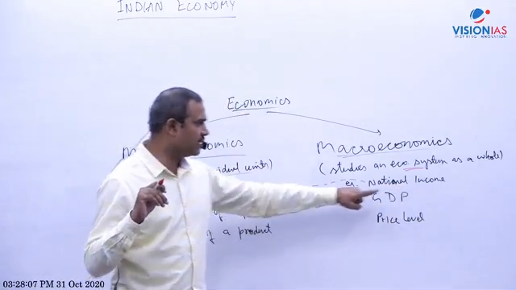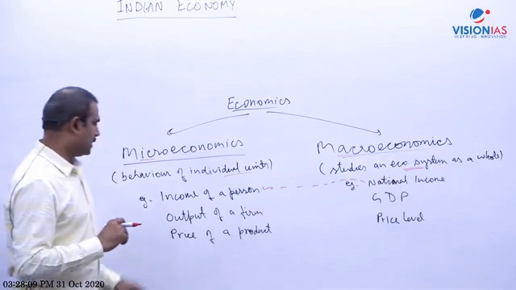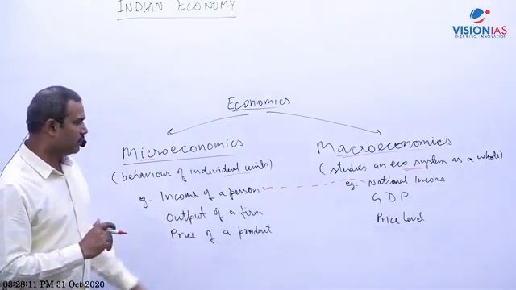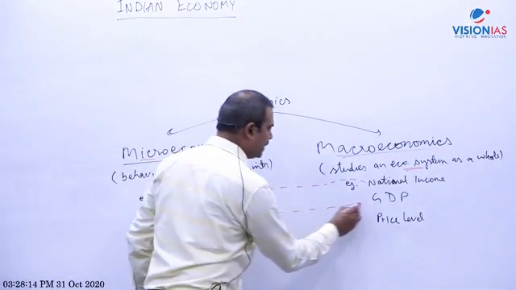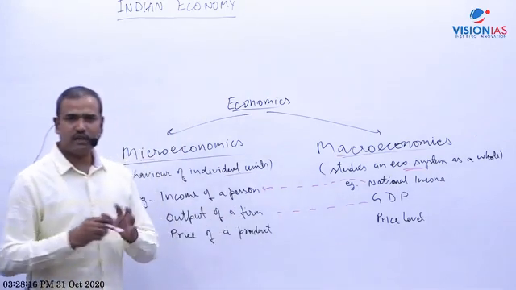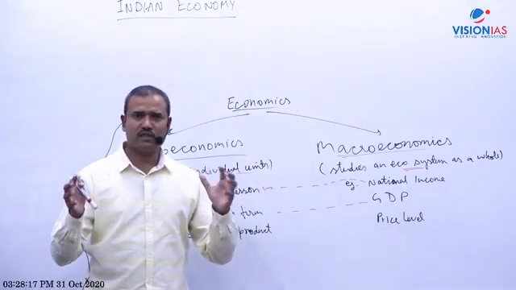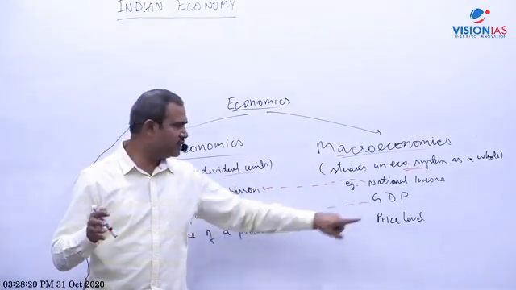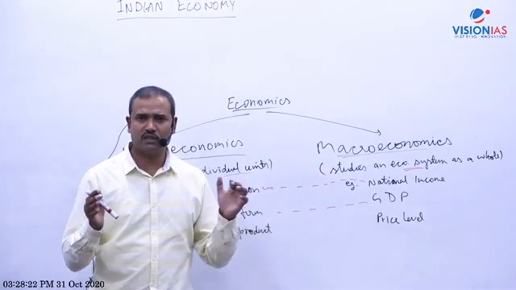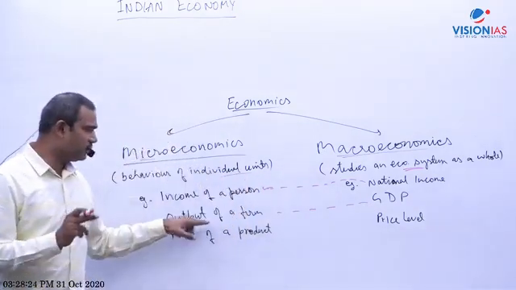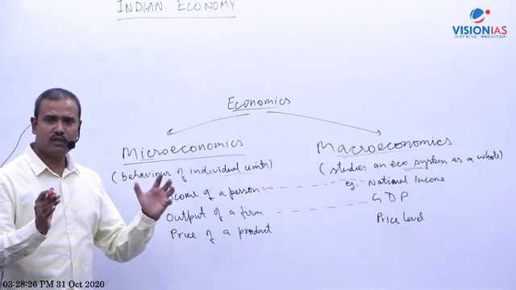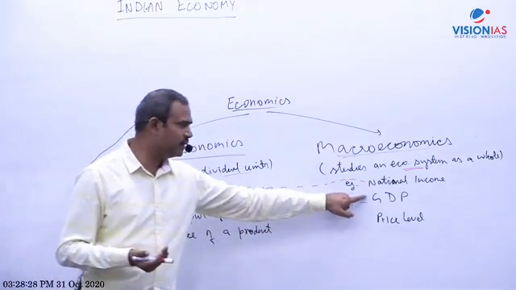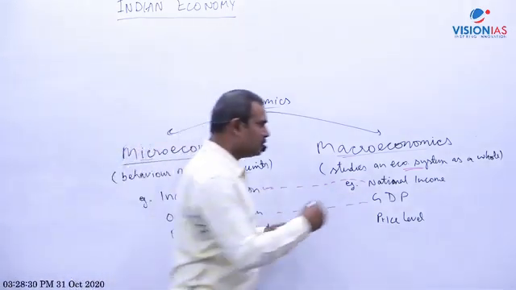So can we say this is the aggregate? And output of one firm; here we study GDP. When we add the value of all goods and services produced in a country, we get GDP. This is production by one firm, and here the value of production of all firms is GDP. So these two are aggregates.